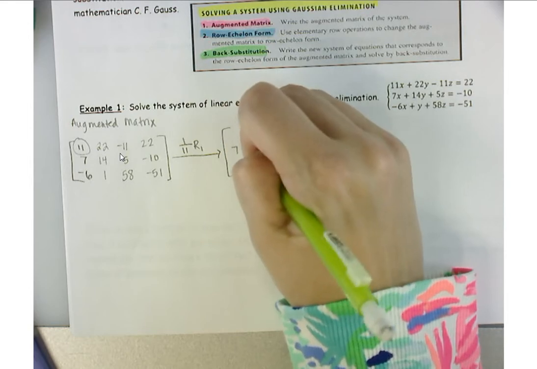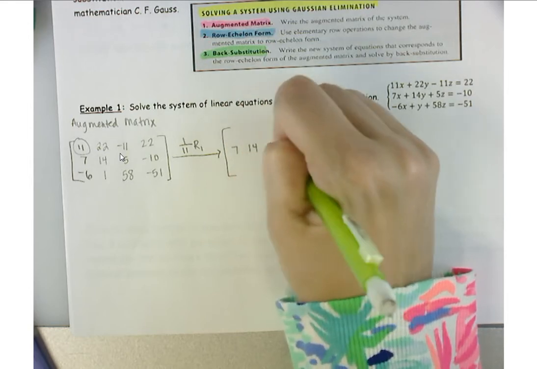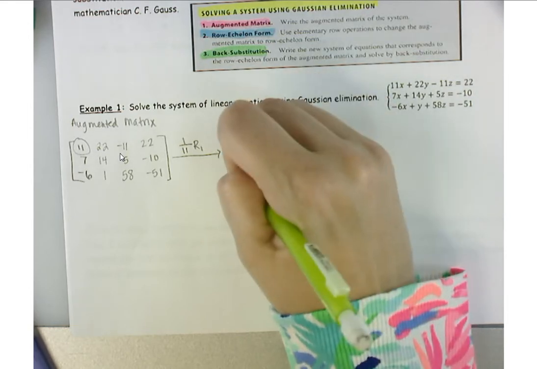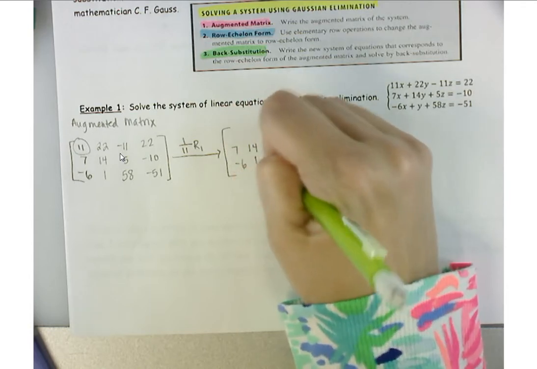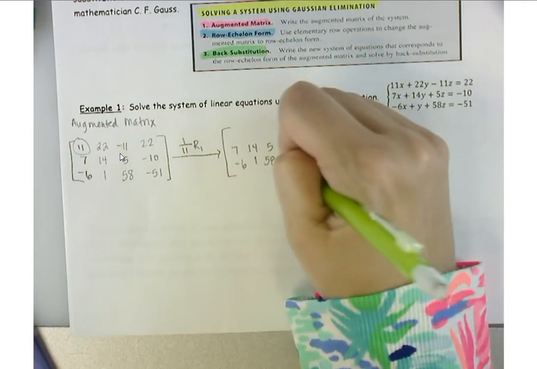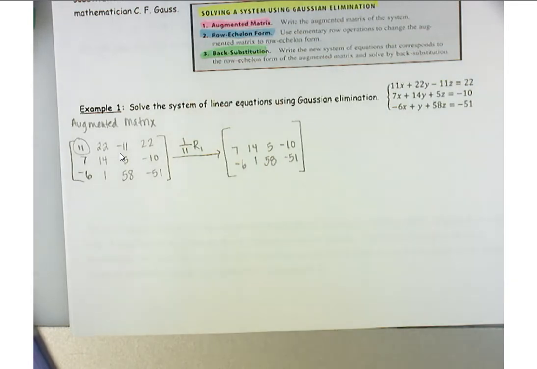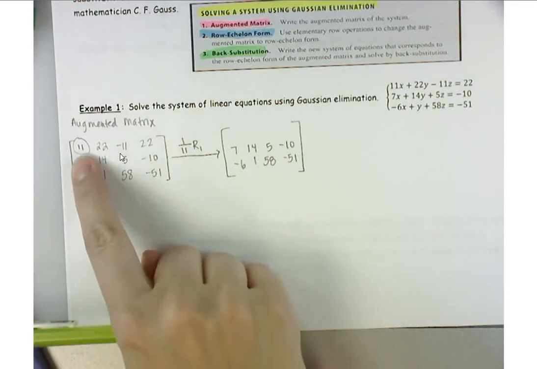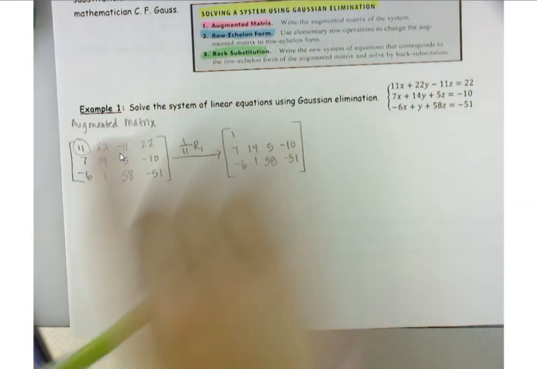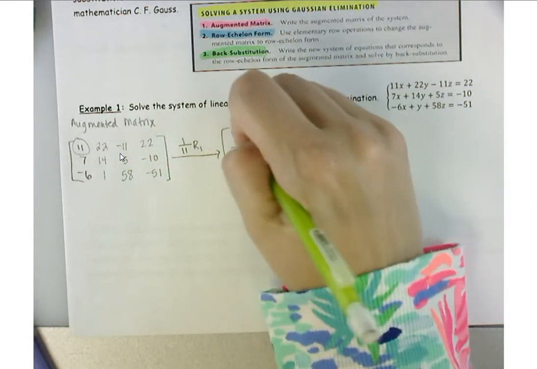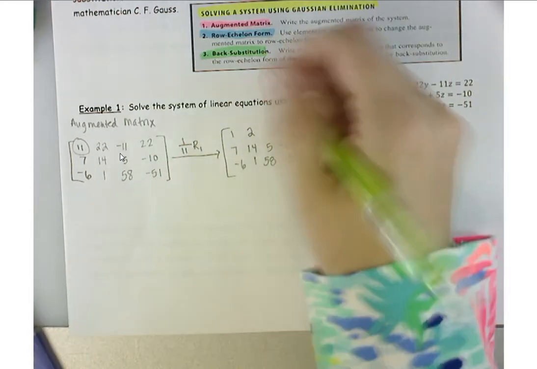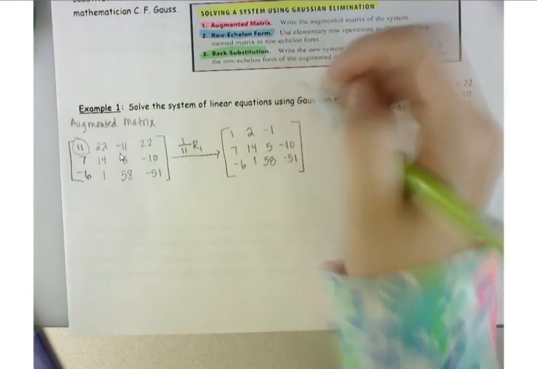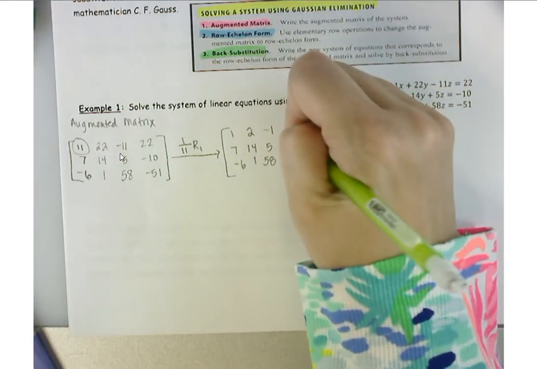So remember from yesterday, sometimes I just like to write the other two rows first. That feeling of accomplishment, knowing that we already have most of our matrix. So essentially, what I'm doing is dividing by 11. So if I divide by 11, I get 1. 22 divided by 11 is what? 2. Negative 11 divided by 11, negative 1. And 22 divided by 11 is 2.